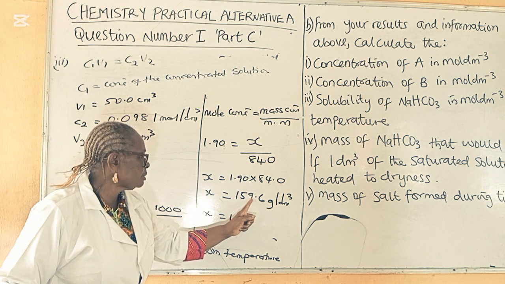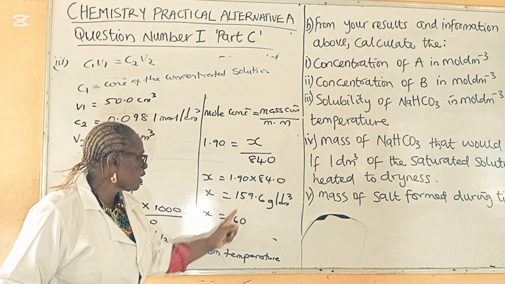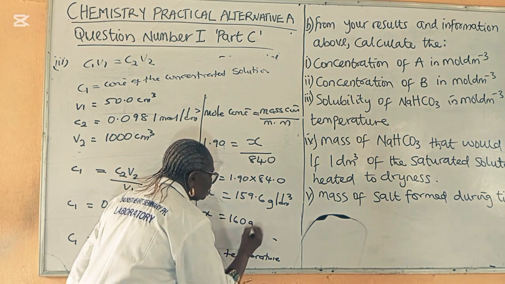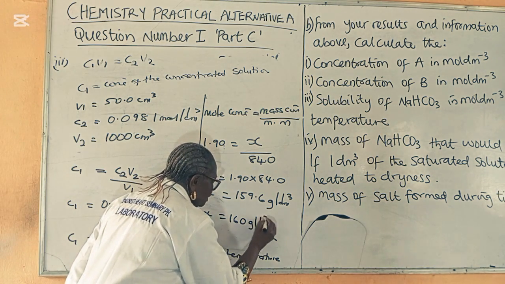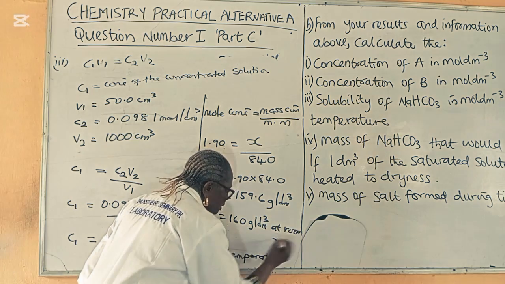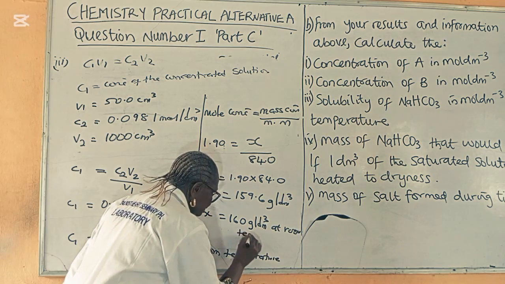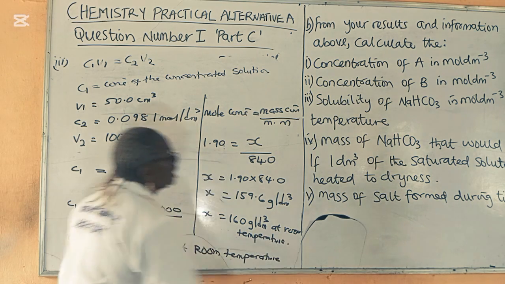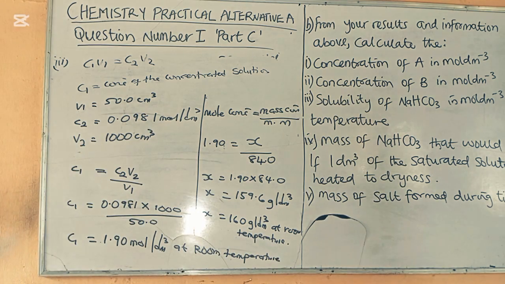This is already 10, you call it 0, add it to here 6, then 1. So this is 160 grams per dm cube at room temperature. That's what we want to see. And that is it. So we've gotten the mass of the base that's supposed to be deposited when heated to dryness.